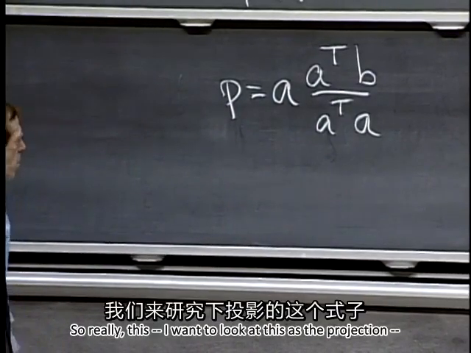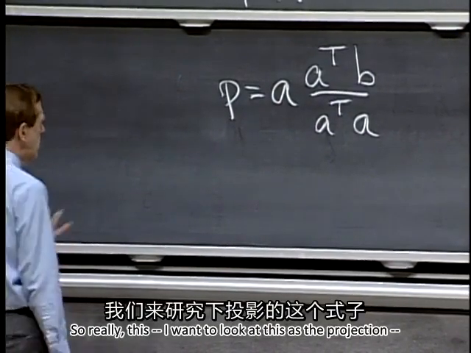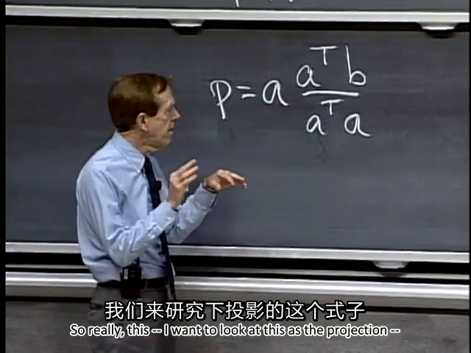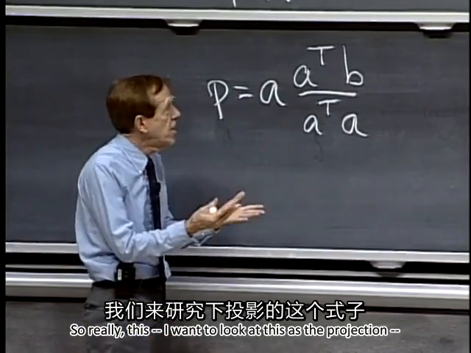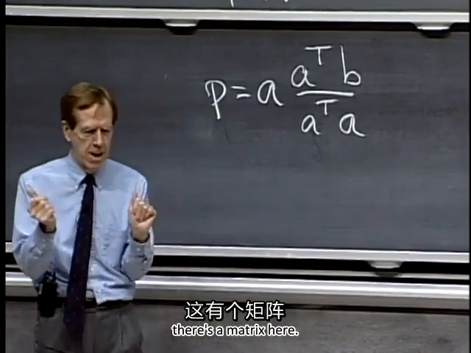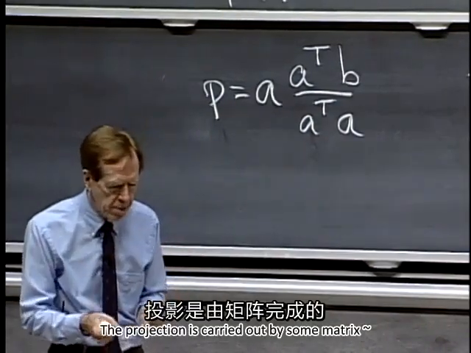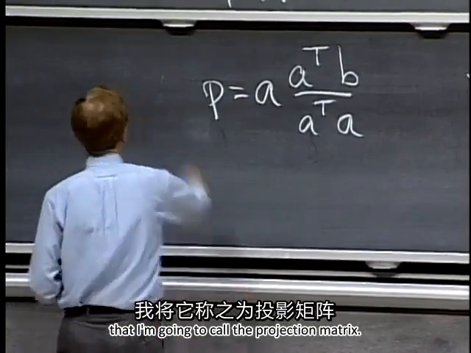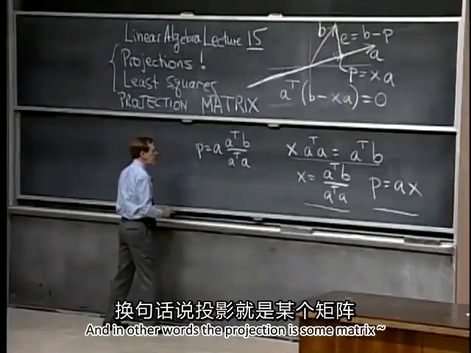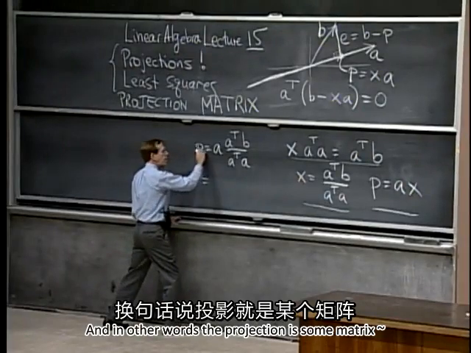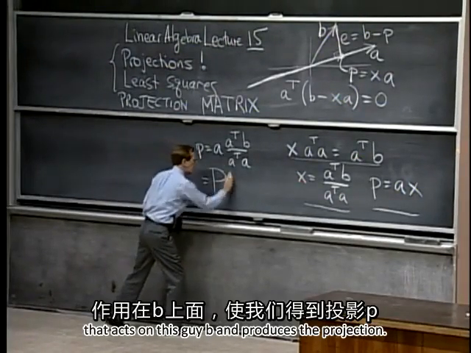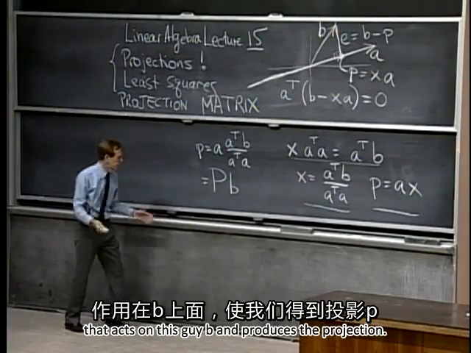Okay, so really, I want to look at this as the projection; there's a matrix here. The projection is carried out by some matrix that I'm going to call the projection matrix. In other words, the projection is some matrix that acts on this B and produces the projection.